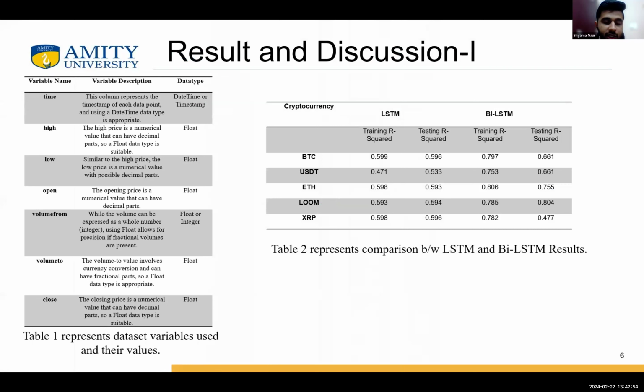We have generally selected parameters like the highest value that can be determined for that time, and the lowest value, and volume. We have just taken the general parameters which can be used for the prediction.